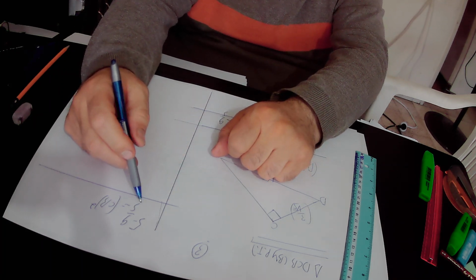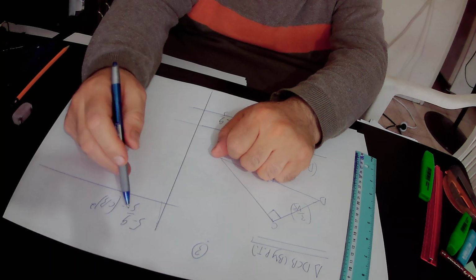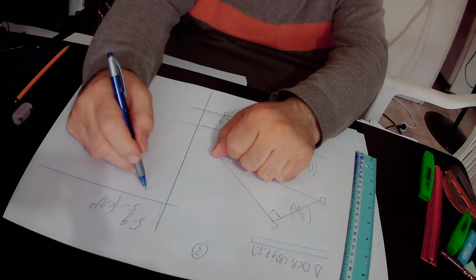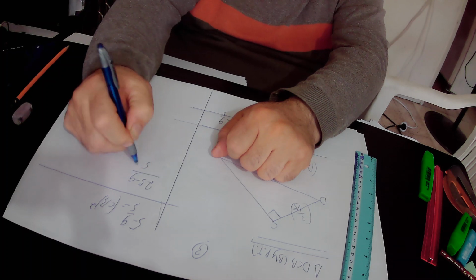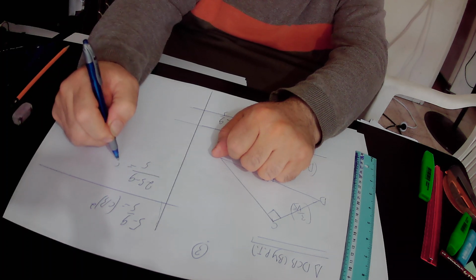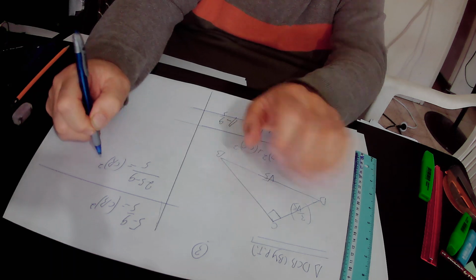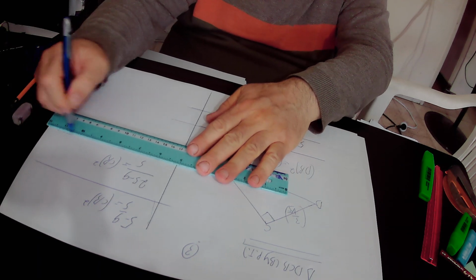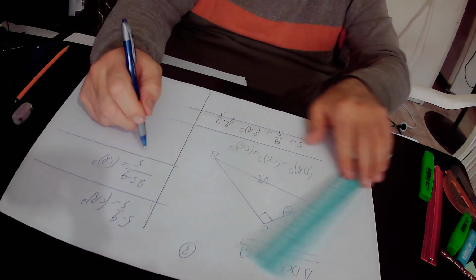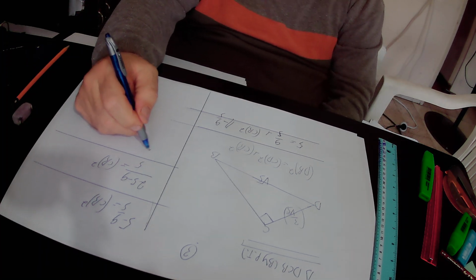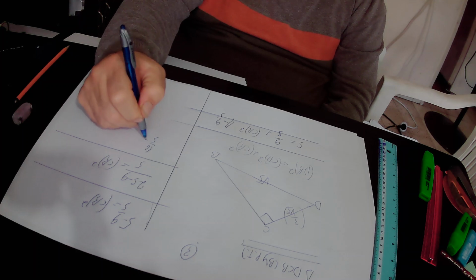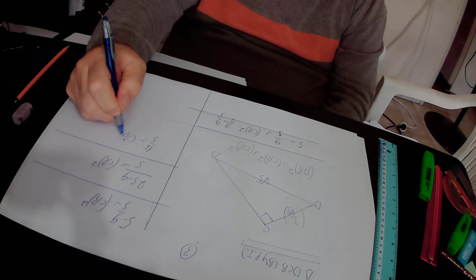So 5 times 5 is 25. So in total in the numerator we will have 25 minus 9, over 5, that is equal to CB squared. 25 minus 9 is 16, so in total this expression equals 16 over 5, which equals CB squared.